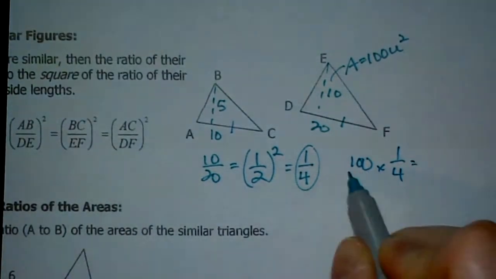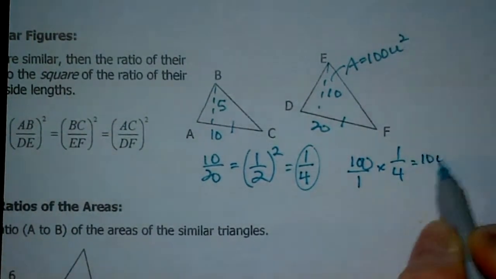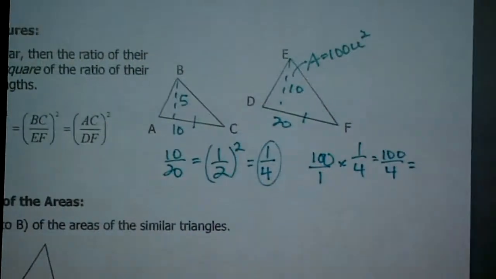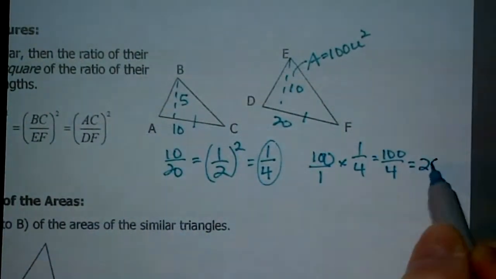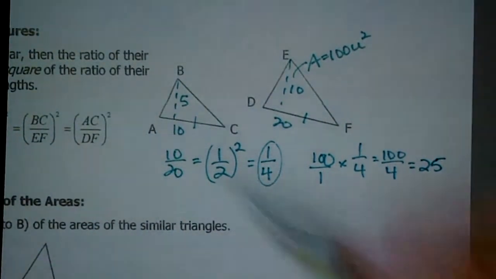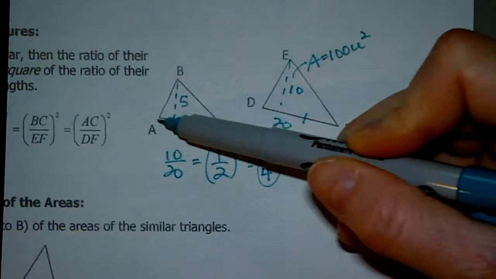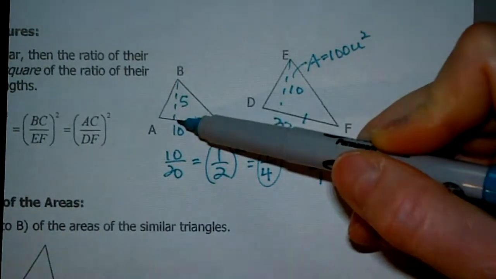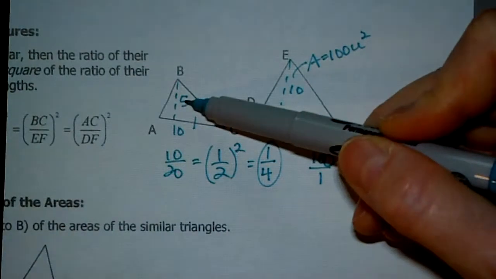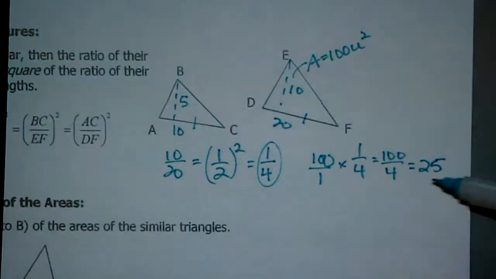And when you do that, you end up getting 100 over 4, and 100 divided by 4, of course, simplifies to 25. Let's make sure we're right. Let's see if this actually works. So to find the area of this, you would take the base times the height divided by 2, right? So 10 times 5 is 50, and 50 divided by 2, it's 25.